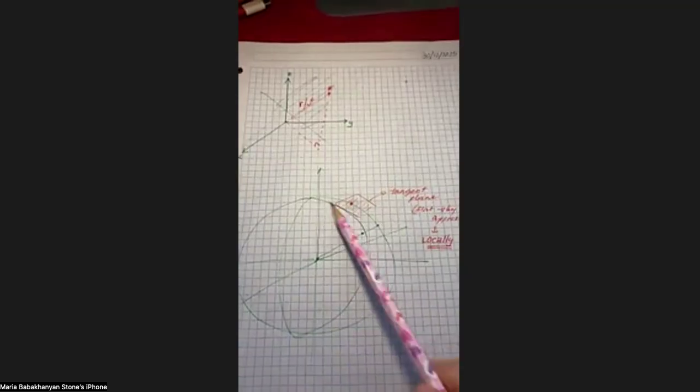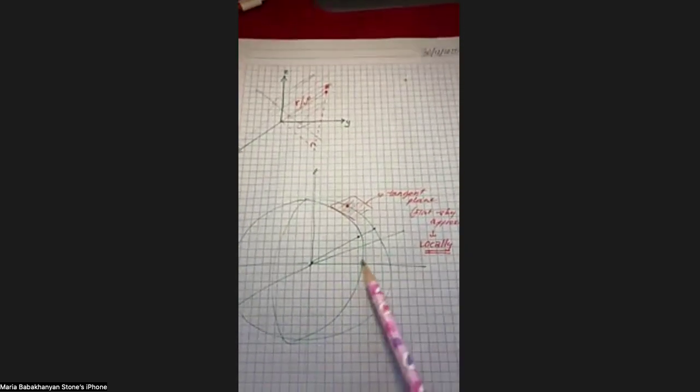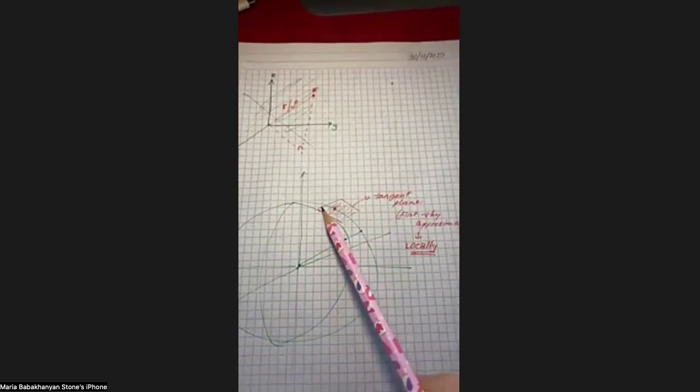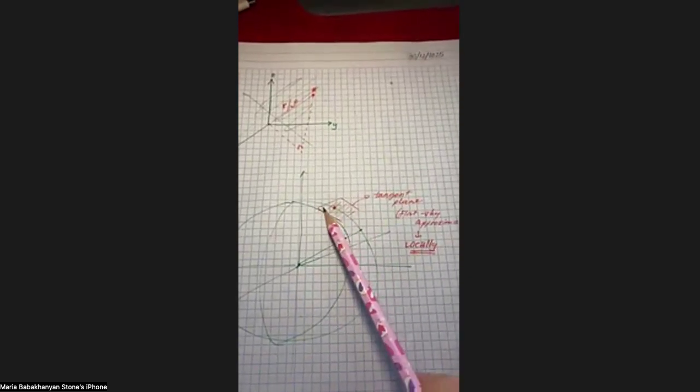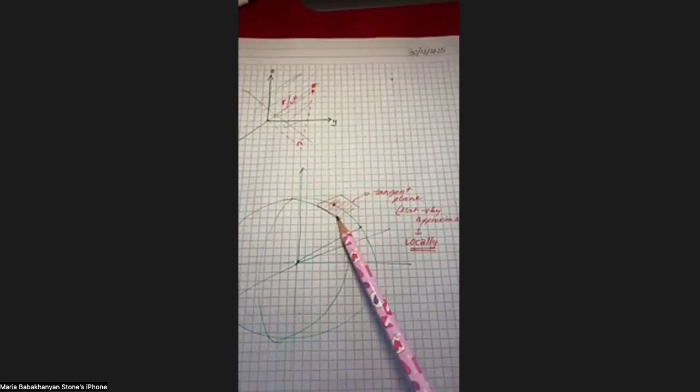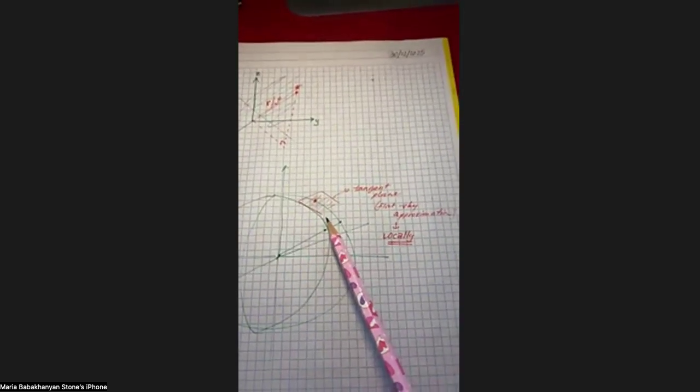Especially if it's in equatorial areas, as we discussed in a different video, we can locally use an approximation of a tangent plane, which is the flat sky approximation.